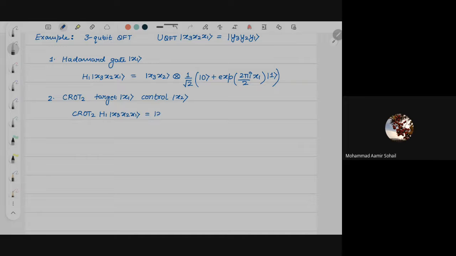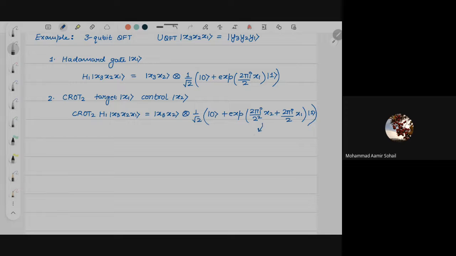Once we apply this control rotation after H1 on X3, X2, X1, we will get X3, X2 tensored with 1 over root 2, 0 plus exponential 2 pi i over 2 squared X2 plus 2 pi i by 2 X1, and then this will be 1.